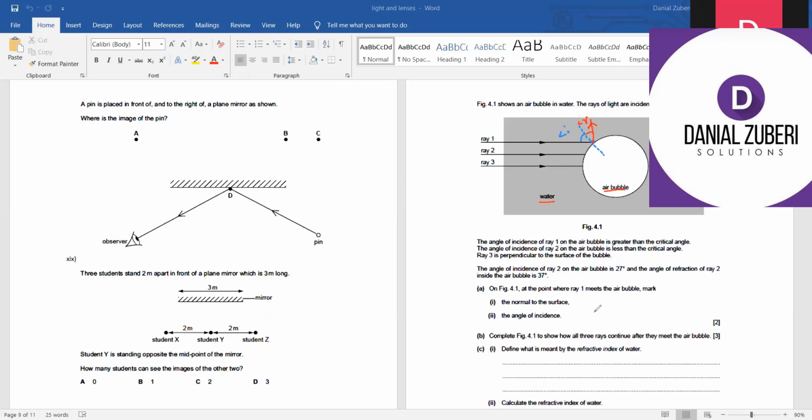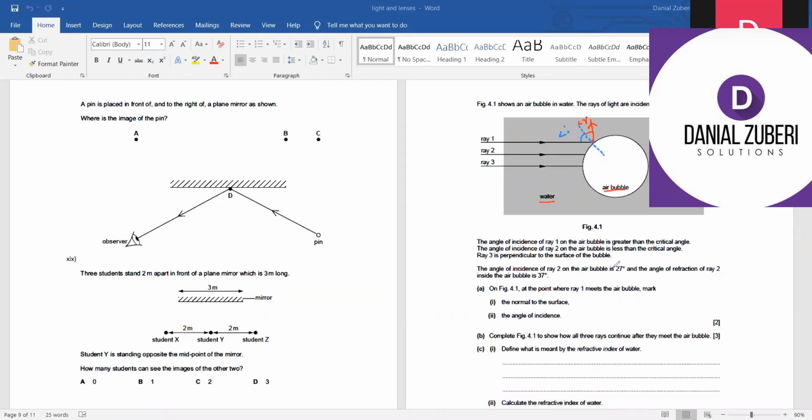the angle of incidence of ray 2 on the air bubble is less than the critical angle. So how would I proceed here? Any ideas?